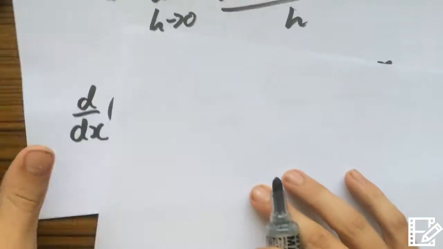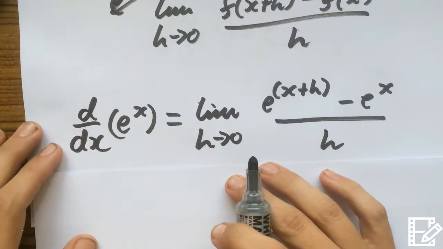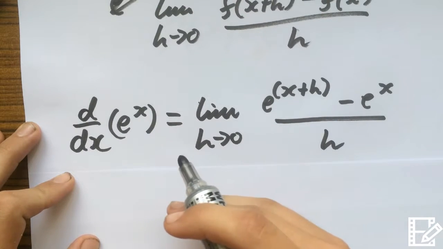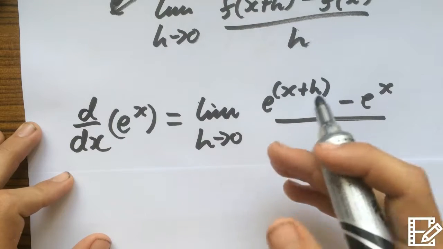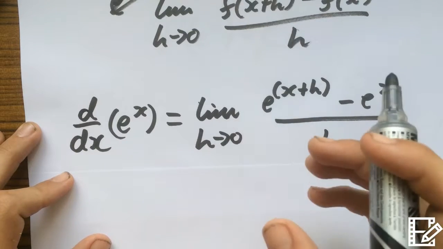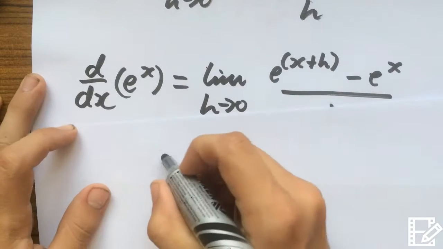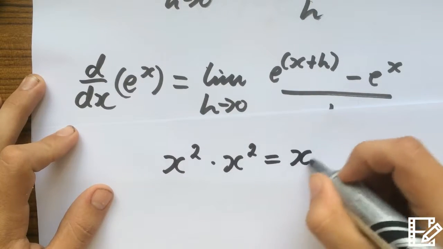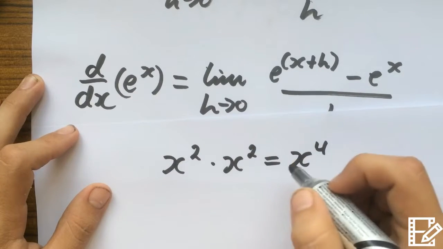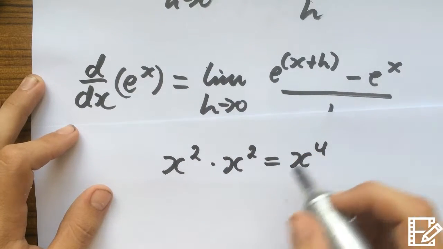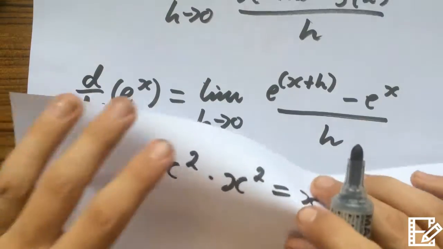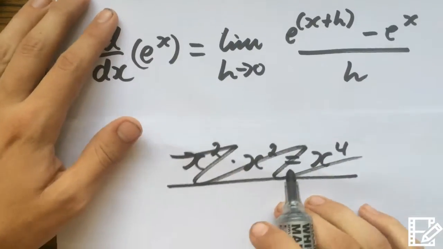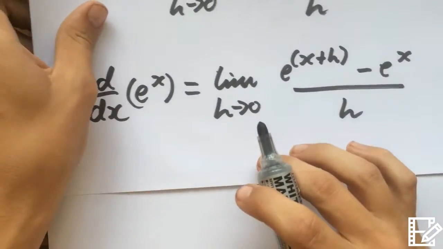Okay, so when you have, say, x to the power of 2 multiplied by x to the power of 2, it equals x to the power of 4, and that's because you add the powers. It's x to the power of 2 plus 2, which equals 4. Okay, so I'll scroll that out because we don't need it, but that's what we're going to be doing here.